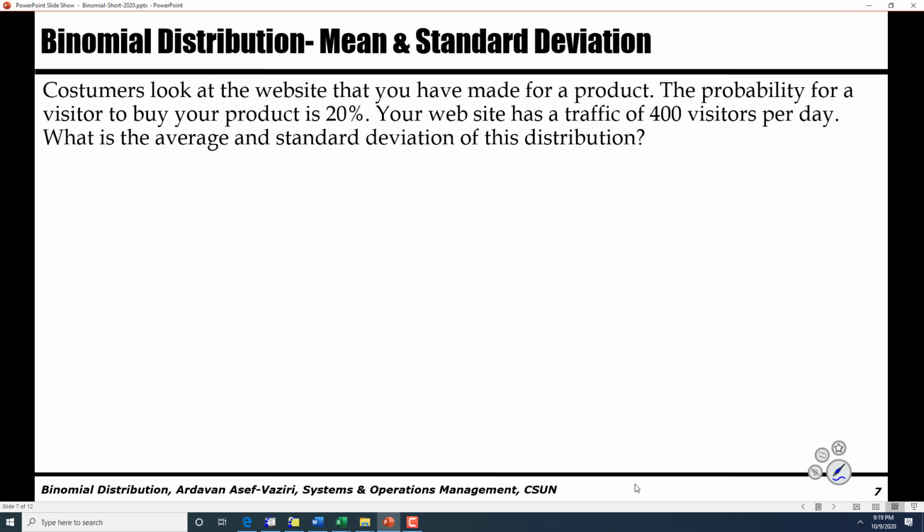Okay, here I want to explain what is mu for binomial distribution and what is sigma. Mu, sigma, average, standard deviation.